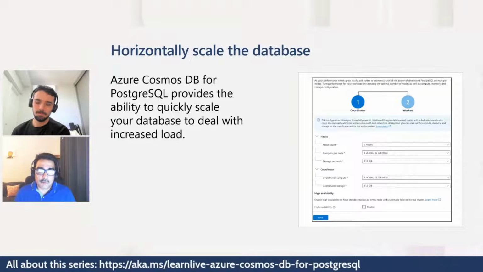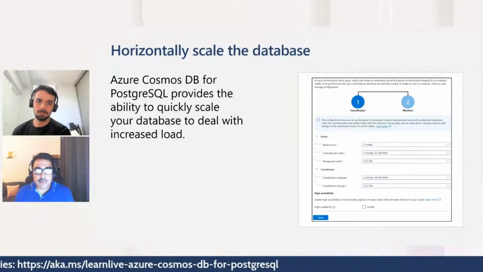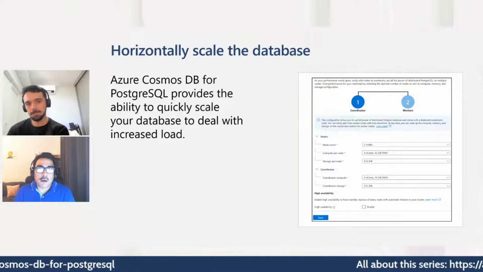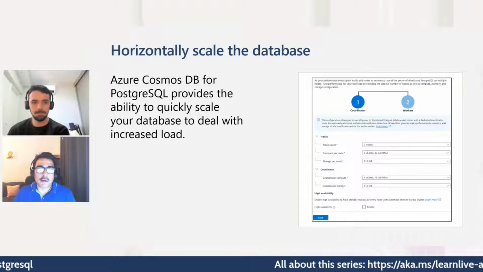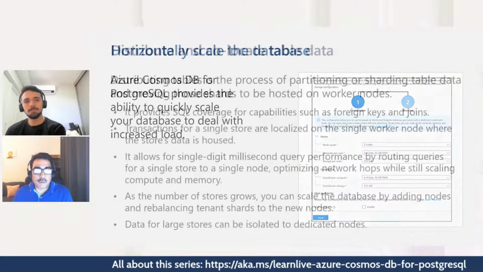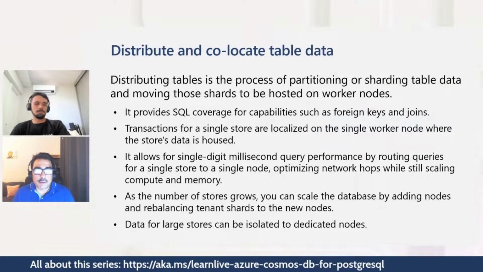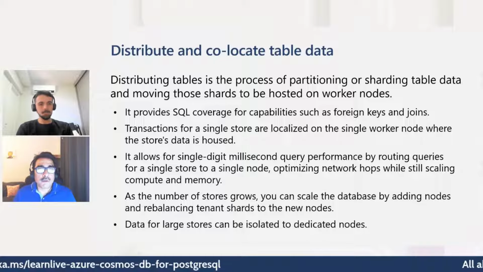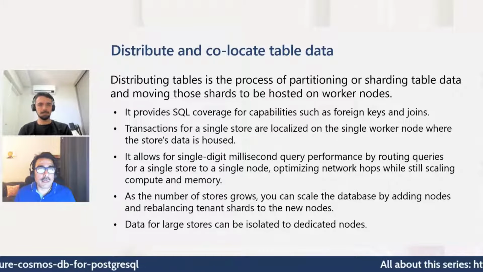In this case, we did the sizing and came up with 2 worker nodes, from 1 to 2, which should be good enough for now to support the existing workload. So you can go to the portal and create those worker nodes. And now we are into distributing and co-locating the table data, right?